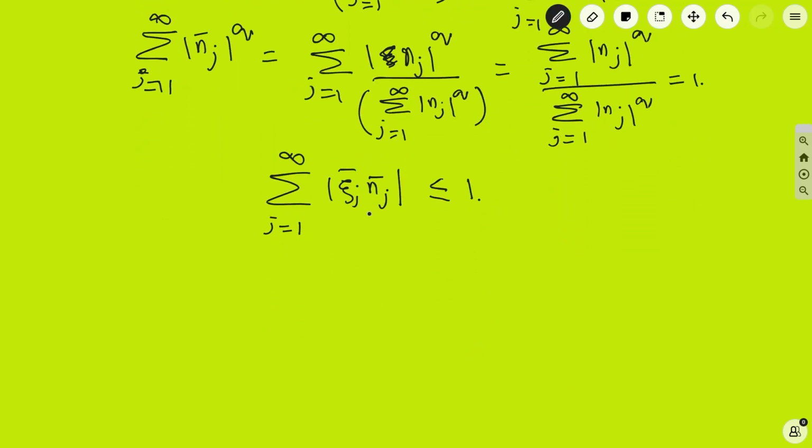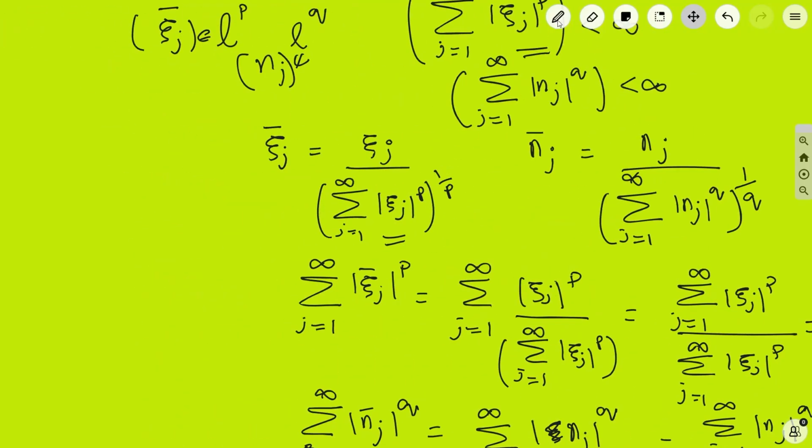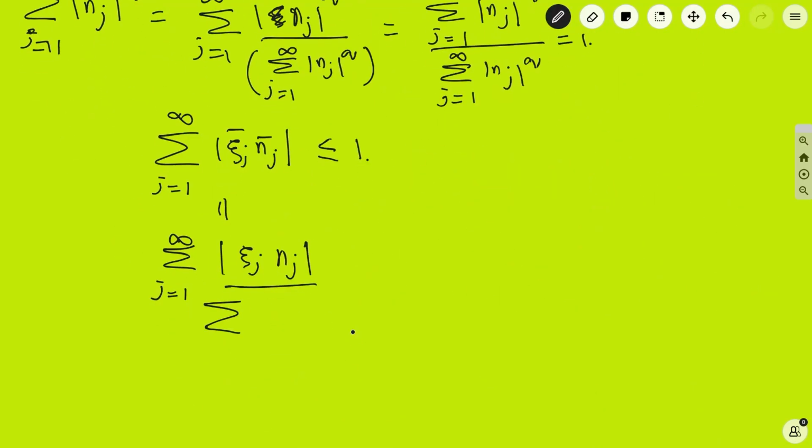But what are these two terms? These two terms are nothing but eta j, and here you have, remember how we constructed it. I'm just going to replace that there, and you will see this is j to the power p to the power 1 by p, and you also have the power q to the power 1 by q, which is bounded above by 1.